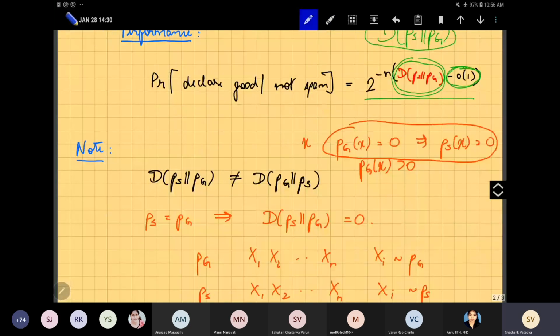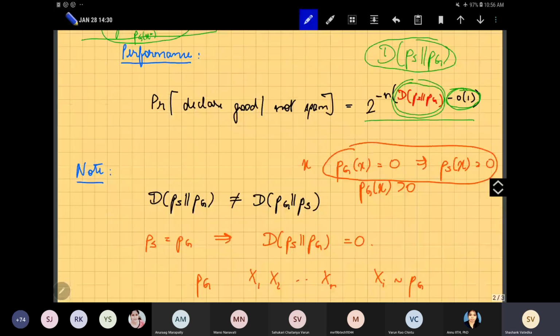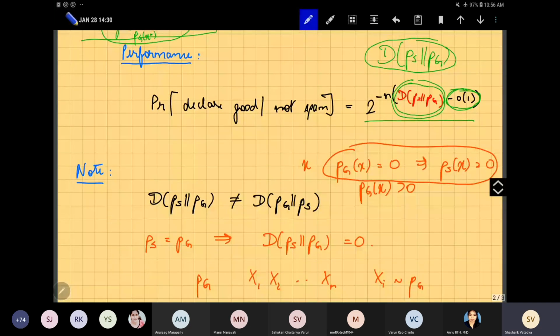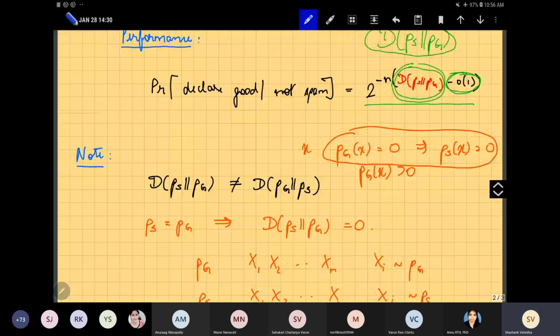It means that the probability that you declare it as a good email, given that it is not a spam email, is in fact, at least in the limit, equal to 0. So it's very easy to classify something as good given that it is not spam.